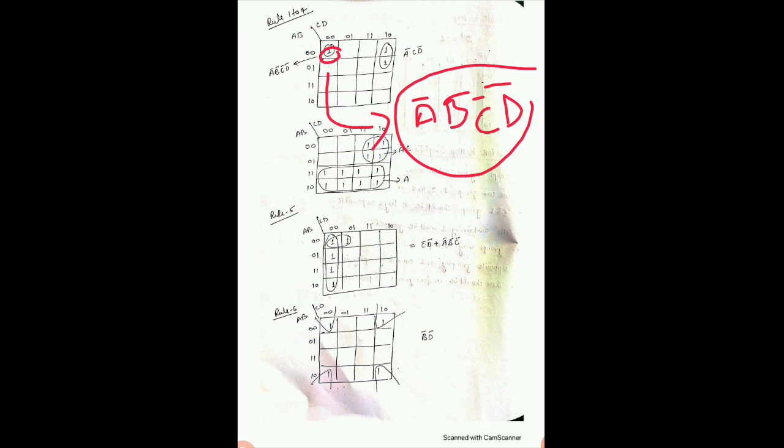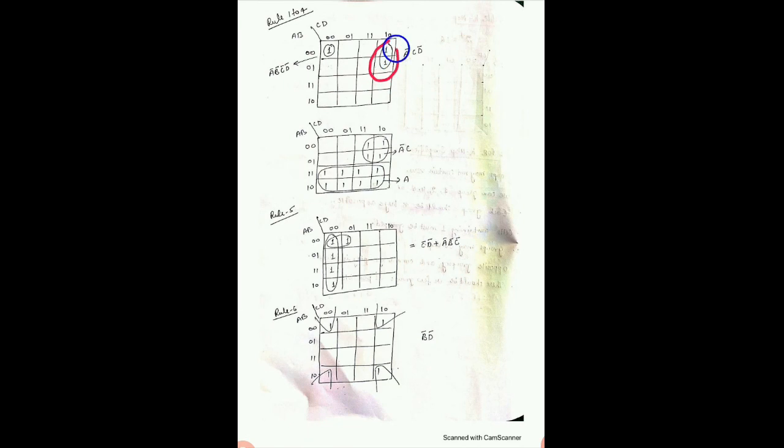And corresponding to 1, we will see on the top, which is C bar and D bar. We have to write in the sum of product form. Then this is the grouping of 1. In this way we can write A bar B bar C bar D bar. It is clear to you?